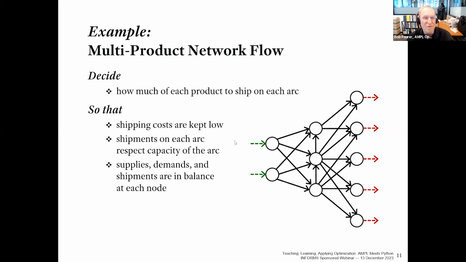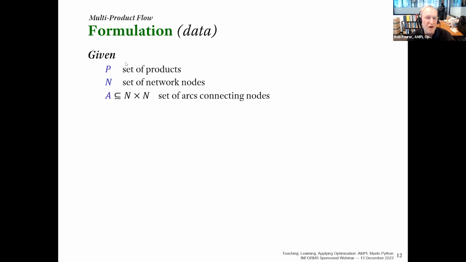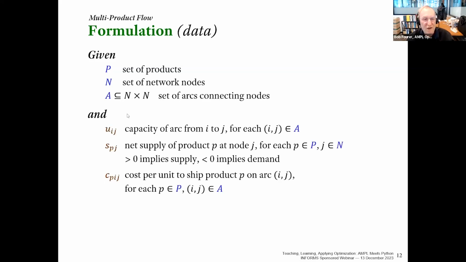So the traditional mathematical way of writing that is you've got three sets: a set of products, a set of nodes, and arcs, which are just pairs of nodes, an origin and a destination. And you have three kinds of data. For example, the capacity on the arc from i to j, for every arc, is given by U_ij. And similarly for these other two.